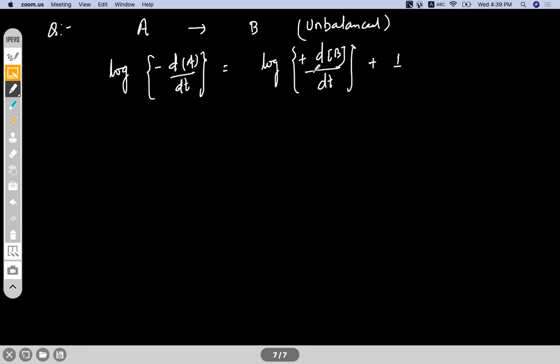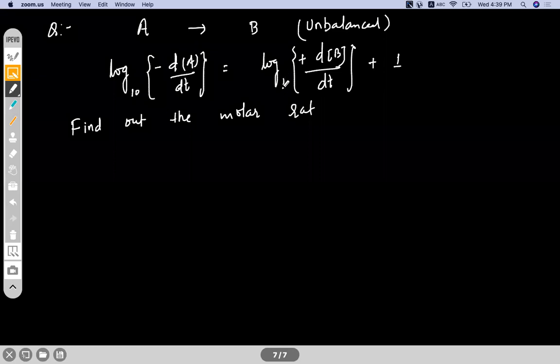This relation is given in the question. Find out the molar ratio of A and B. So log is natural log, right? Sorry? So here log is natural log, right? Yes, base 10 we have here. Oh, base 10. Find out the molar ratio of A and B.